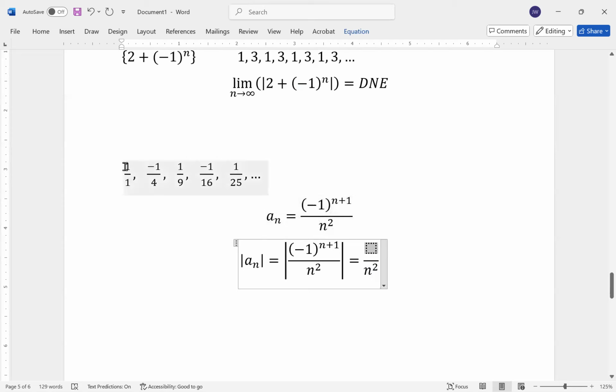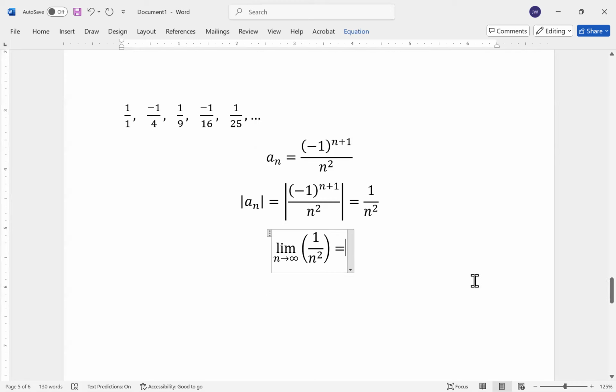The top just goes 1, -1, 1, -1. The absolute value of 1 is 1. Absolute value of -1 is also 1. So when I take the absolute value of those terms, I get 1 over n squared. Now, we should know that 1 over n squared is a continuous function over the real numbers, if I let n be x, and it's going towards 0.